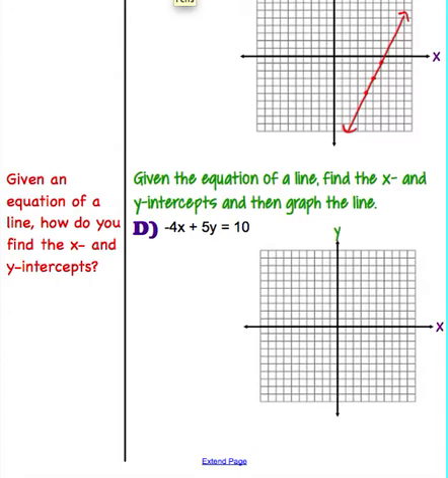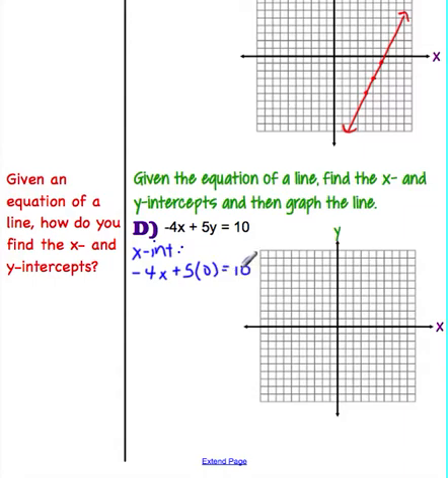So I'm going to start with my x-intercept, and I'm going to label that. And when it crosses the x-axis, y equals 0. So I'm going to put in 0 for y. So I have -4x plus 5 times 0 equal to 10.